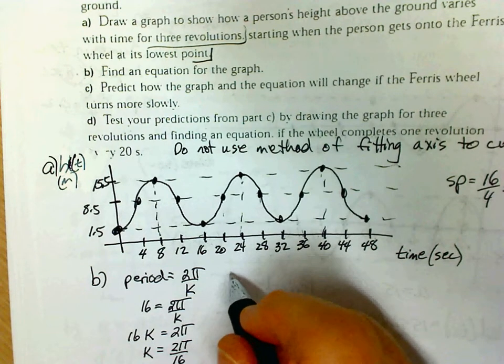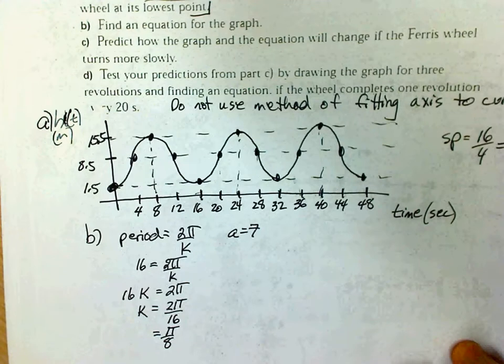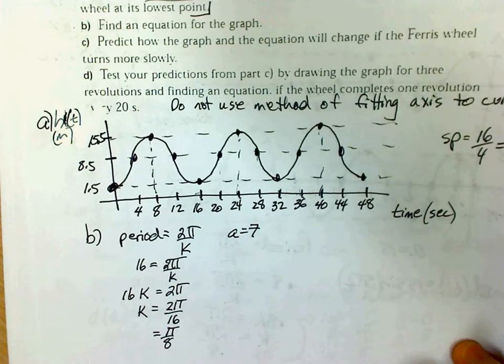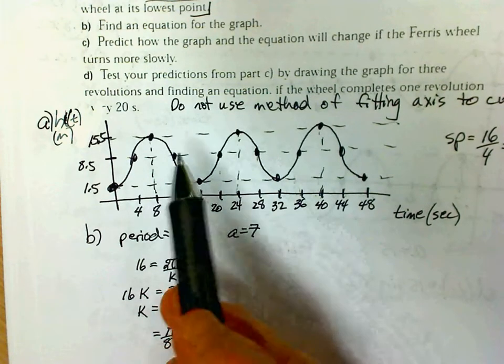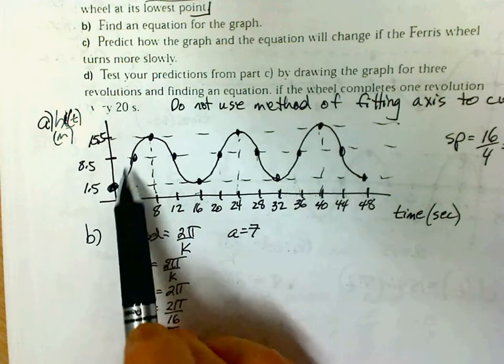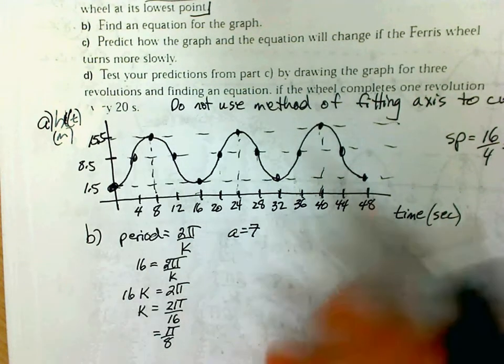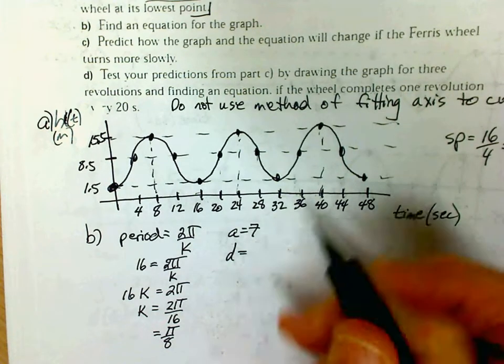Actually, it depends on our phase shift. Okay, if it's phase shift 4 to the right, so D equals 4 and C equals 8.5.